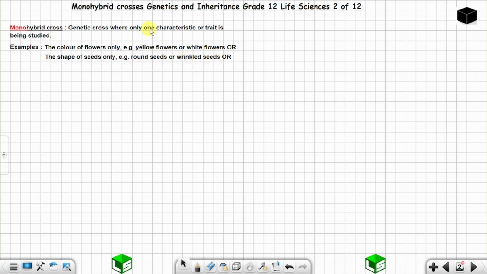Another example can be the height of plant only. You are trying to see how tall plants or short plants are inherited. So you are looking at one characteristic only.